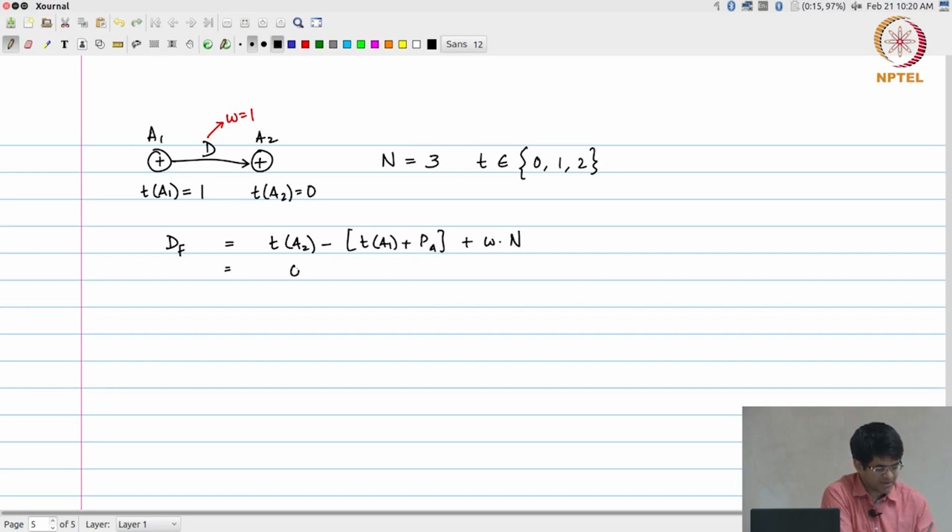This is equal to 0 minus 1 plus 1, normally this would not have been acceptable, plus 1 into 3. The fact that there was that sample delay, one iteration delay, basically means that now the df has become positive, right. So it is 0 minus 2 plus 3 equal to plus 1.